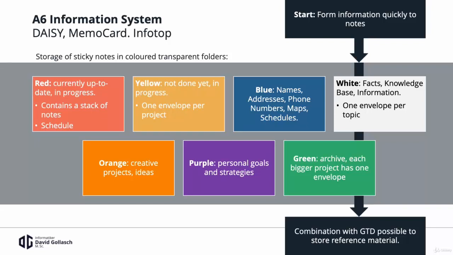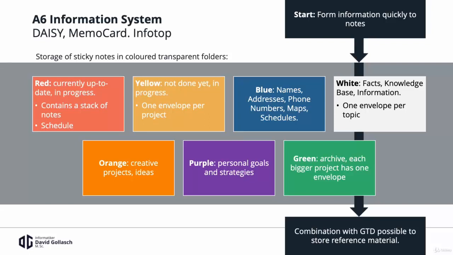So maybe those reference purposed folders, so the blue one and the white one here in this case, could be bundled into one section with similar colors, but you have to distinguish the things that you use pretty often, so regularly, and those information that you don't need too often.